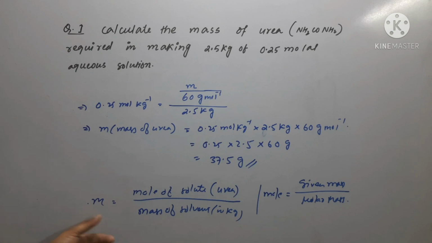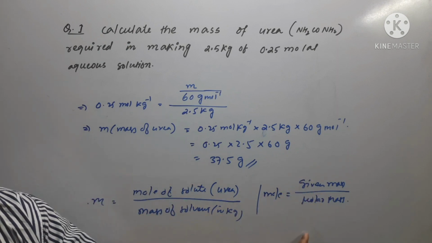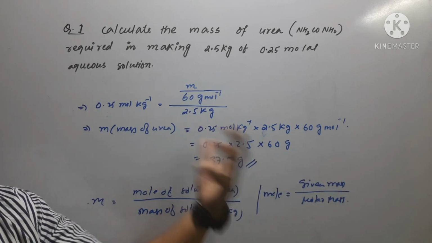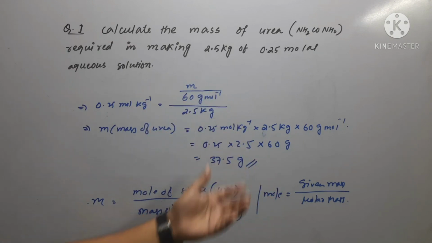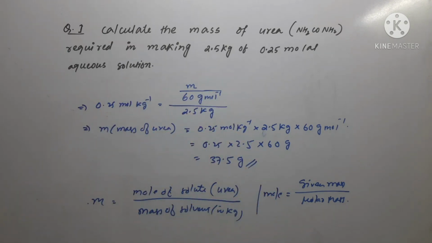Molality and mass of solvent are given, so we get the mole of solute. Mole equals given mass by molar mass, so the given mass, the mass of urea required to prepare the solution, is what we have to find. Then we did this and it comes out as 37.5 gram. So I hope you guys have understood this.